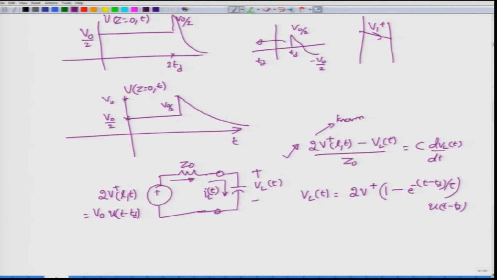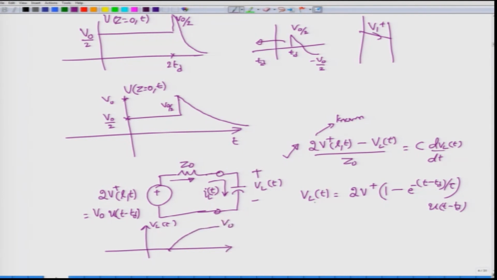It will appear like a short circuit which carries the entire current, but the load voltage will be equal to 0. The capacitor voltage initially is 0, and eventually as we go along with respect to time, it will be completely charged to the voltage of V0. So if I quickly sketch what will be VL of t, I start at Td with 0 voltage and then eventually go out to V0.